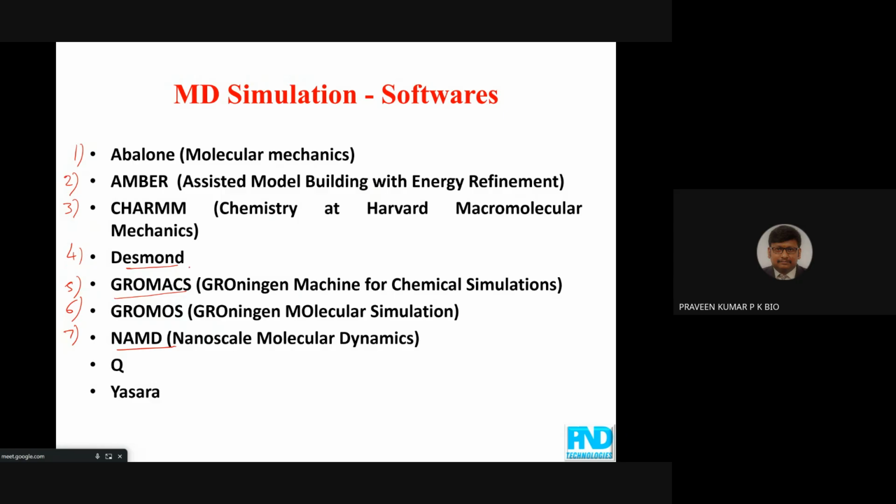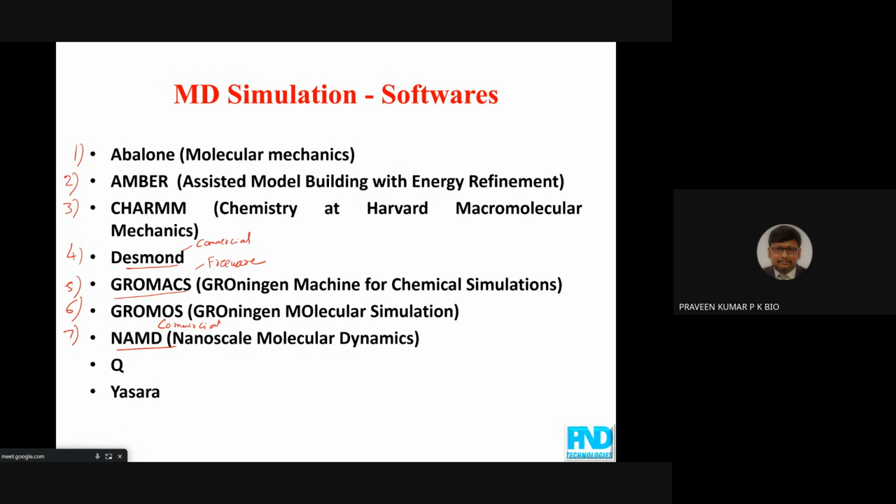The advantage of Gromacs is that it is freeware, but one major problem with these tools is that some are commercial. Desmond is also commercial, so we have to pay for it. If you want to try, the best thing you can try is Gromacs.